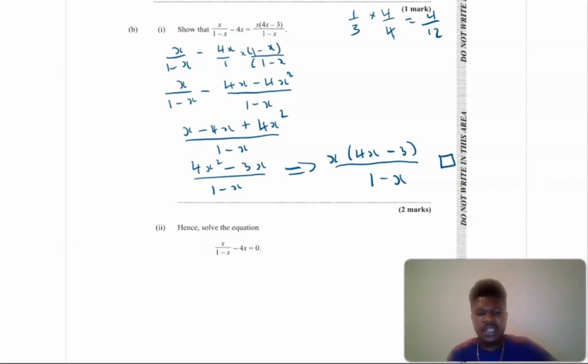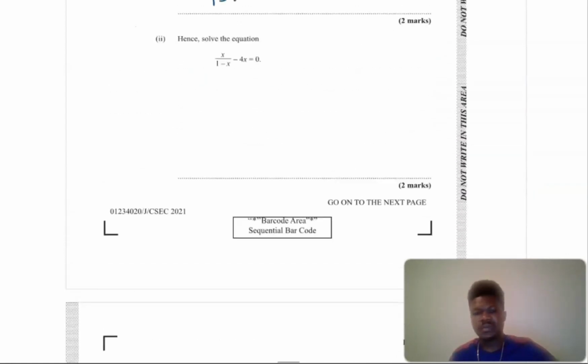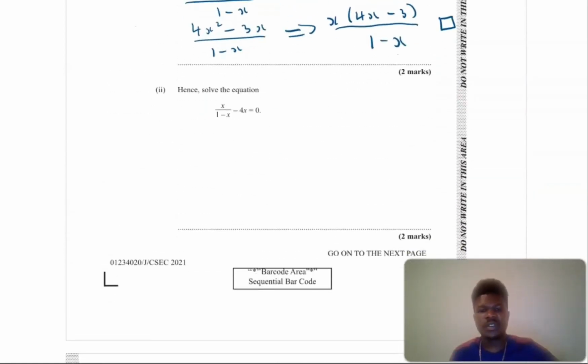Next thing here says hence solve. So we've already simplified it and it's asking us to solve it. So we can just equate what we have so far to 0. So let's have right here, we're just going to go with x times 4x minus 3 over 1 minus x equals 0.